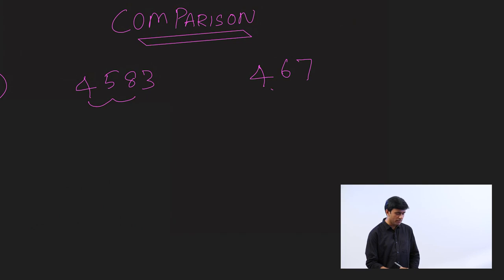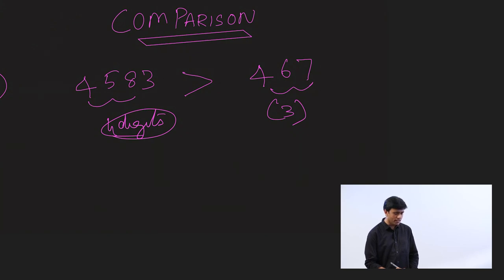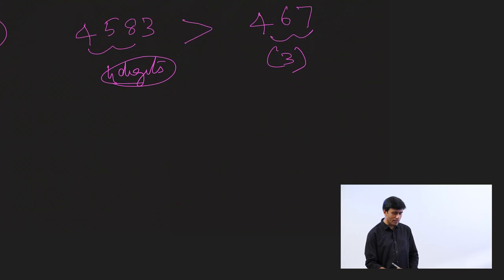So how do you compare these two numbers? The number with more digits is always greater. So this number has 4 digits, this has only 3. So 4583 is greater than 467. So the rule 1 is the number with more digits is always greater.